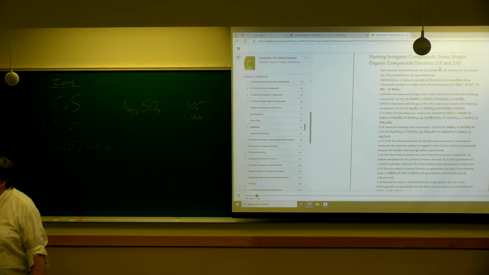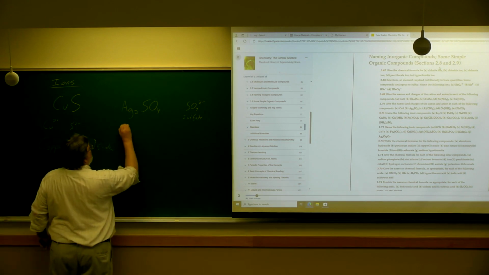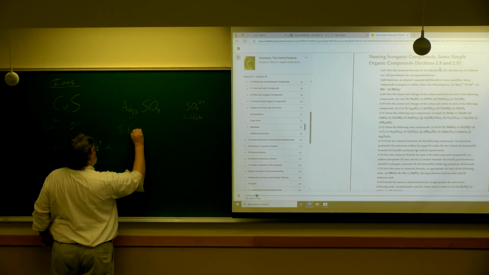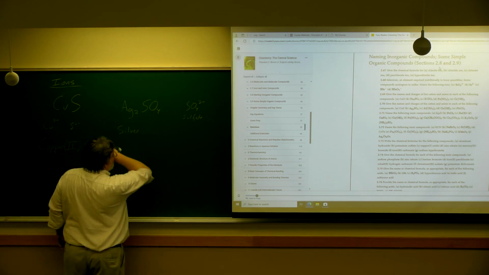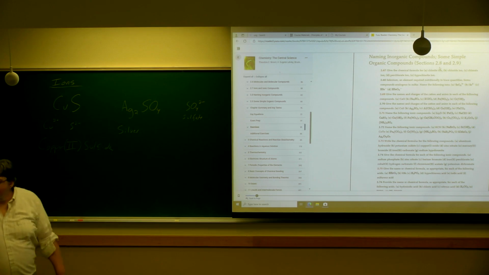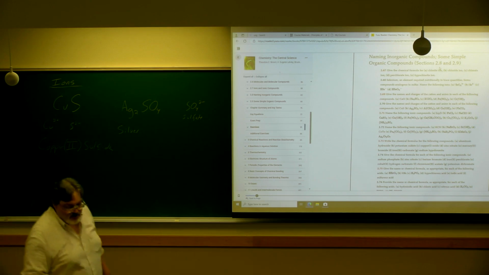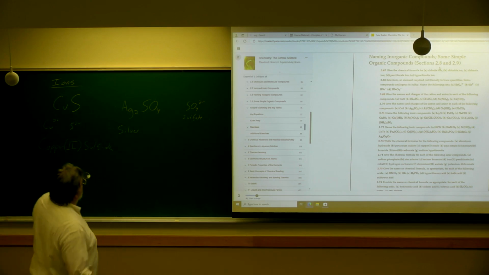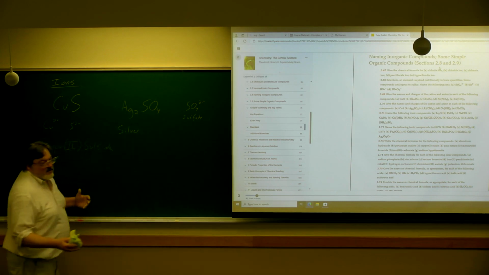The exceptions here, I think it's these three that are actually predictable. Like zinc is always +2, and silver is always +1, and I think cadmium is 2. So silver, this isn't a great example, because that's one of them that's an exception. This would just be called silver sulfate.